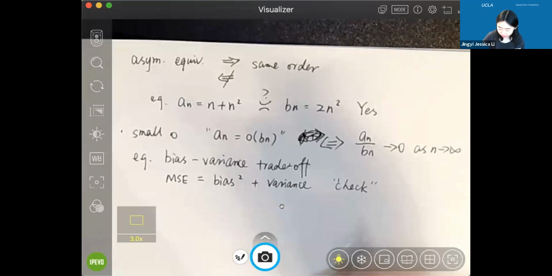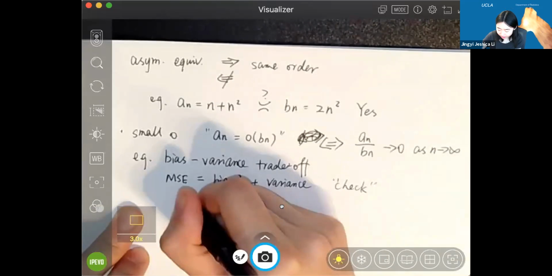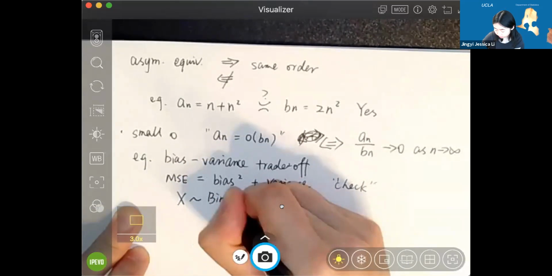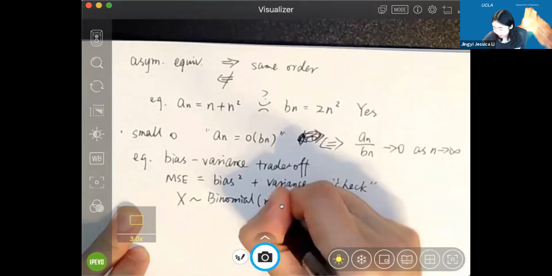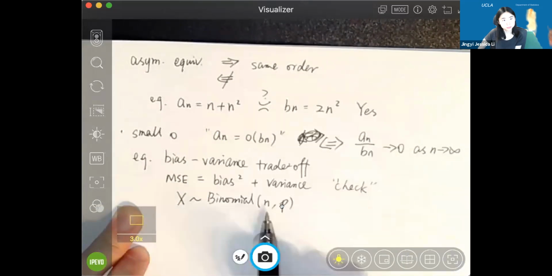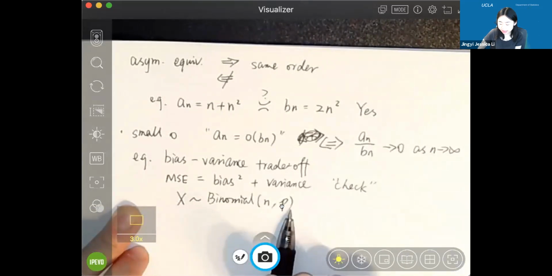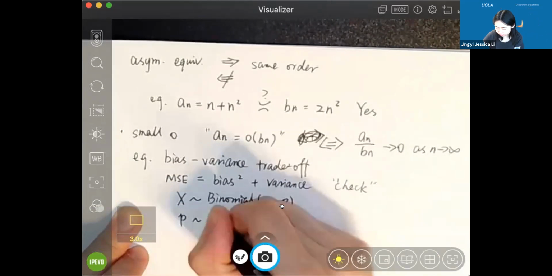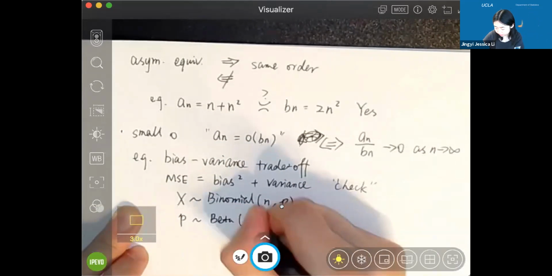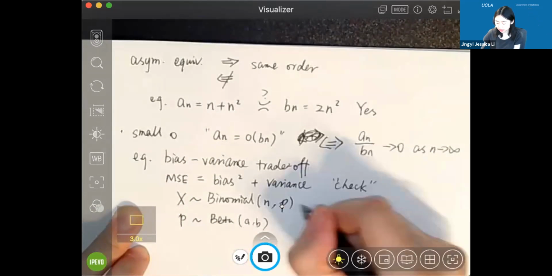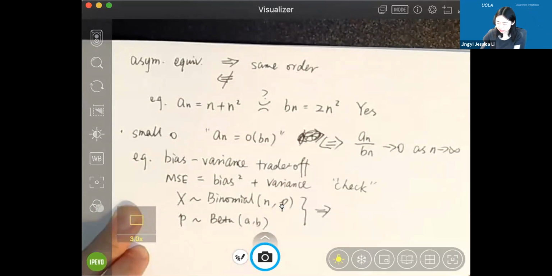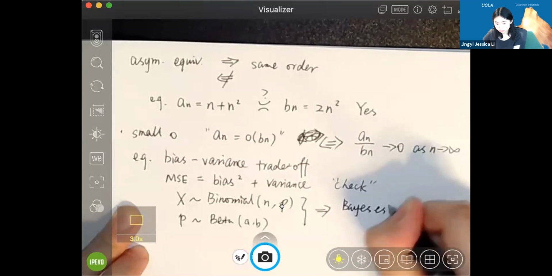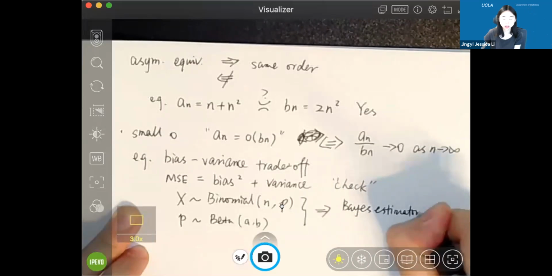So X follows a binomial with N and P, where N is the number of draws and P is the success probability, and I'm going Bayesian, so I assume P has a beta prior with parameters A and B. Combining those two things, I get a Bayes estimator, and I can call it P hat.